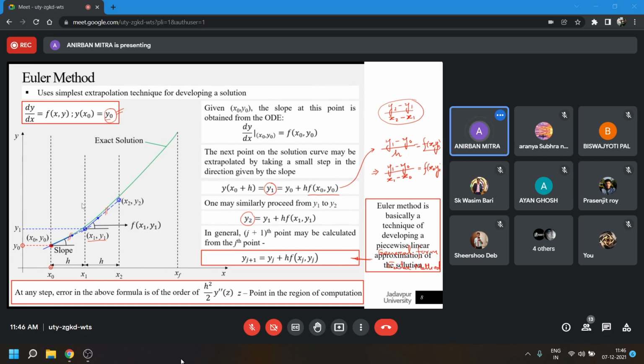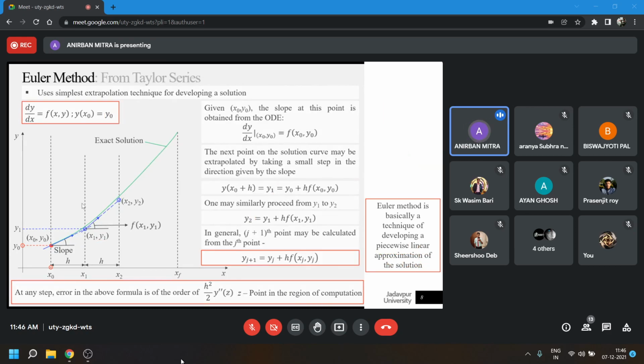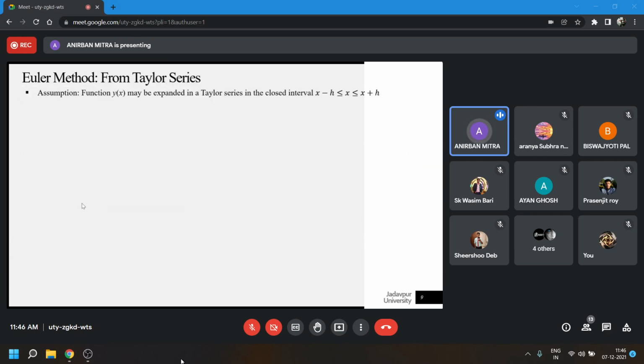The question is, how do we get the indication of the error? For that, we need to consider the Euler method from the perspective of Taylor series expansion. We have to assume that the function y(x) can be expanded through Taylor series in the closed interval of x minus h to x plus h.